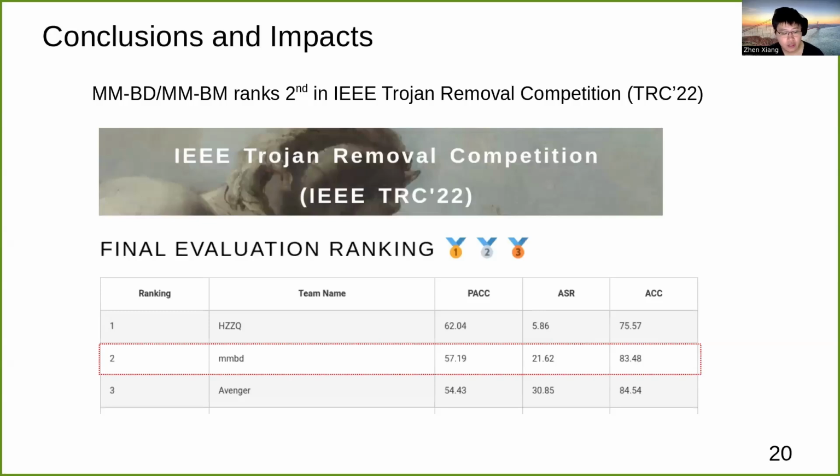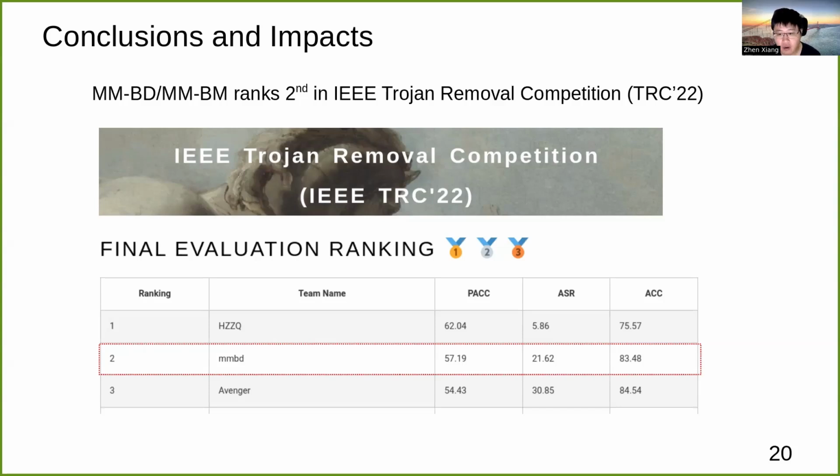Here, we show the impact of our work. We have used our MMBD and MMBM in the first trojan removal competition affiliated with NeurIPS 2022, and we achieved second place.